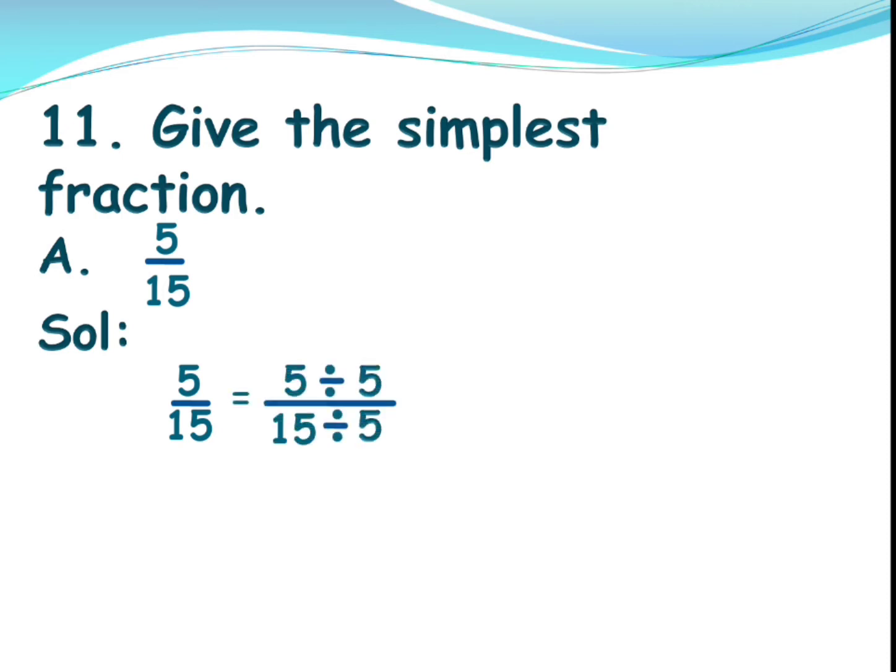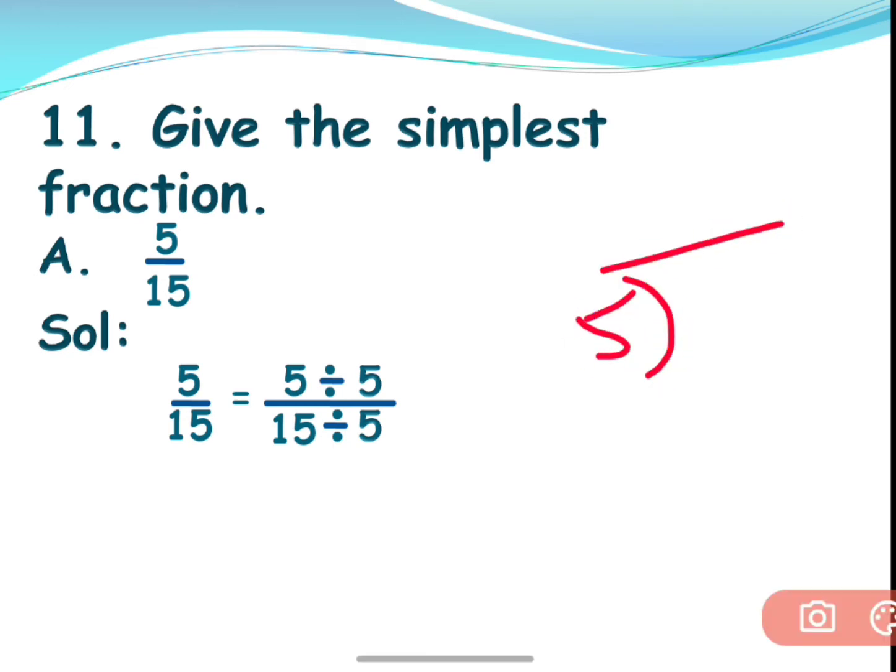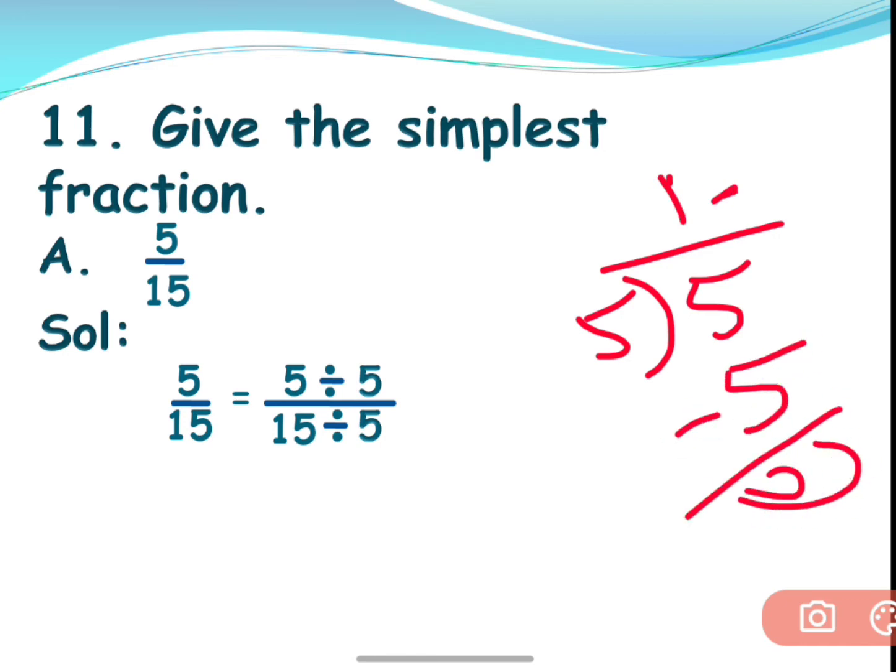So 5 divided by 5, 15 divided by 5. So 5 divided by 5, how much? 1. 5 ones are 5. So the answer is 1, isn't it?